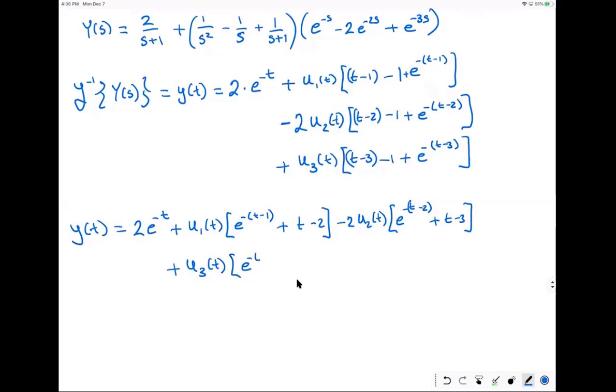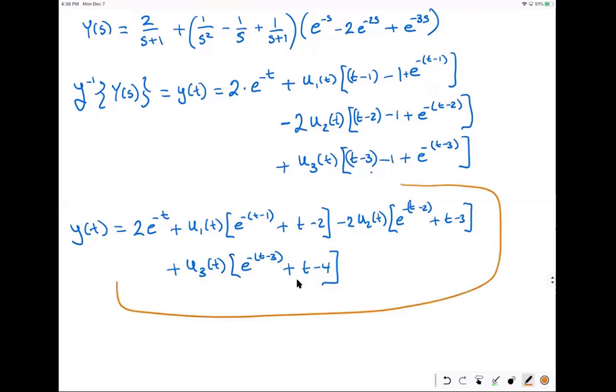So e to the minus (t minus 3), and then you're going to have minus 3 and minus 1 is minus 4, so plus t minus 4. Okay, I think that's the right answer. It all seems to check out to me. So you can tell that these get really nasty pretty fast.